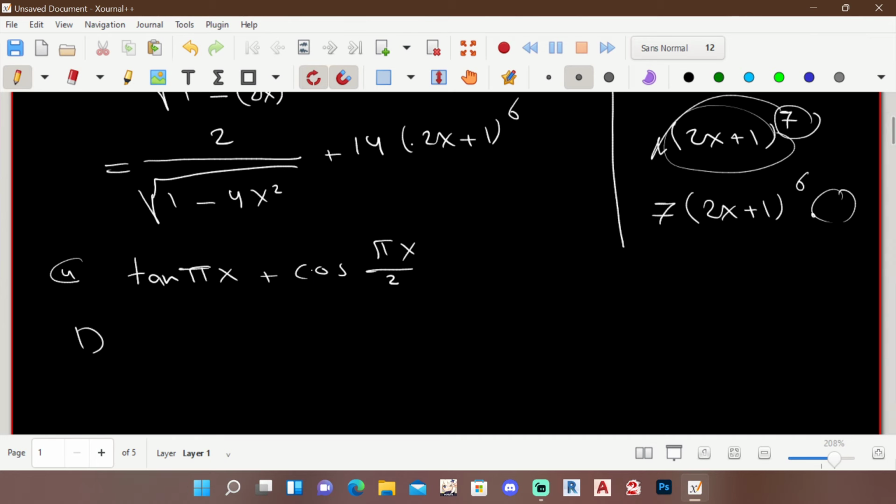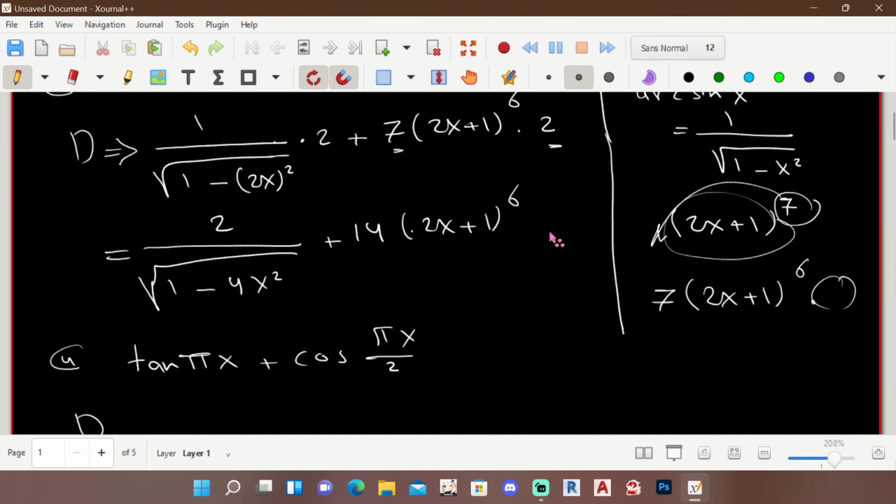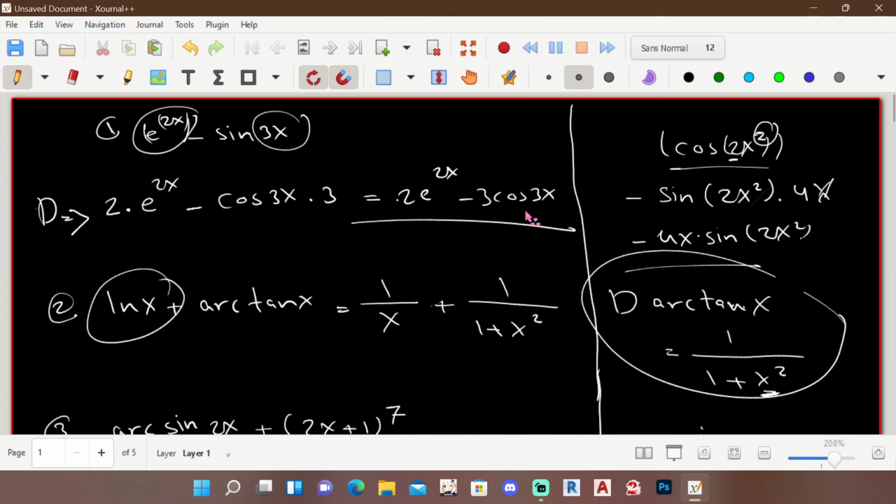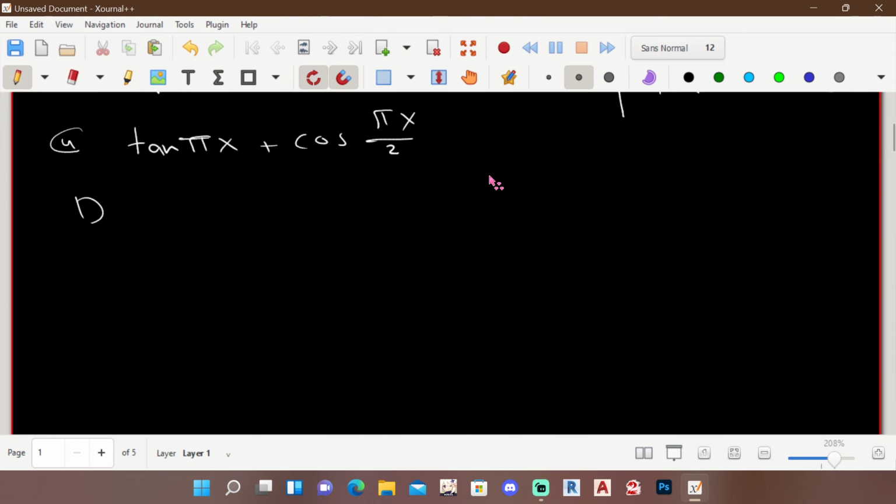Okay, the derivative. Did I write the tan here? Nope, I didn't. Okay, we write it down. And the derivative of tan x is 1 over cos x squared.